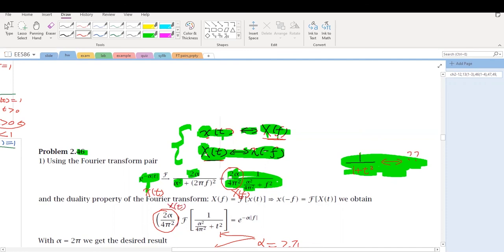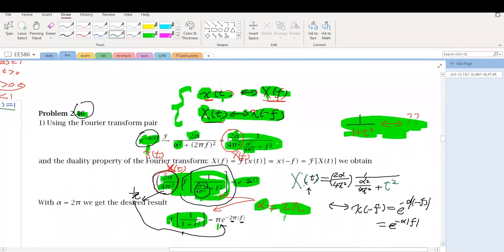I'm going to just replace f with t, okay? And replace f by t. Exactly what we have, big X(t), the argument becomes t, so replace f squared here by t squared. Okay, everything else the same.